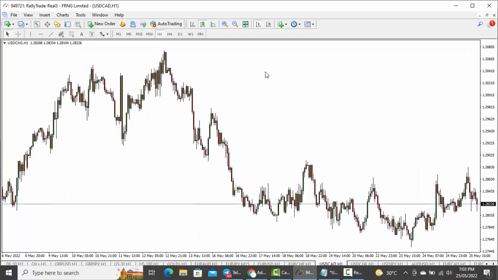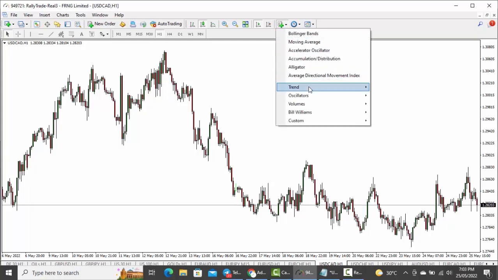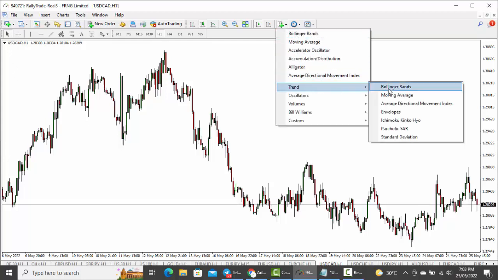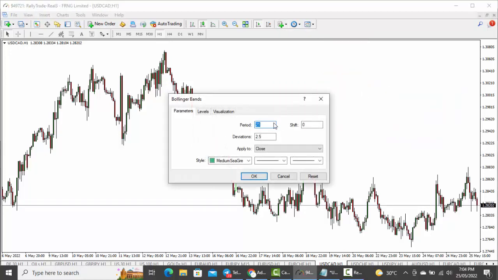To add the Bollinger Bands to our charts, we locate the indicator list this way. I tap on it, I go to trend, then I pick the Bollinger Bands. I edit the period if what I was having there initially was not 21, so I edit it to 21, and the deviation should be 2.